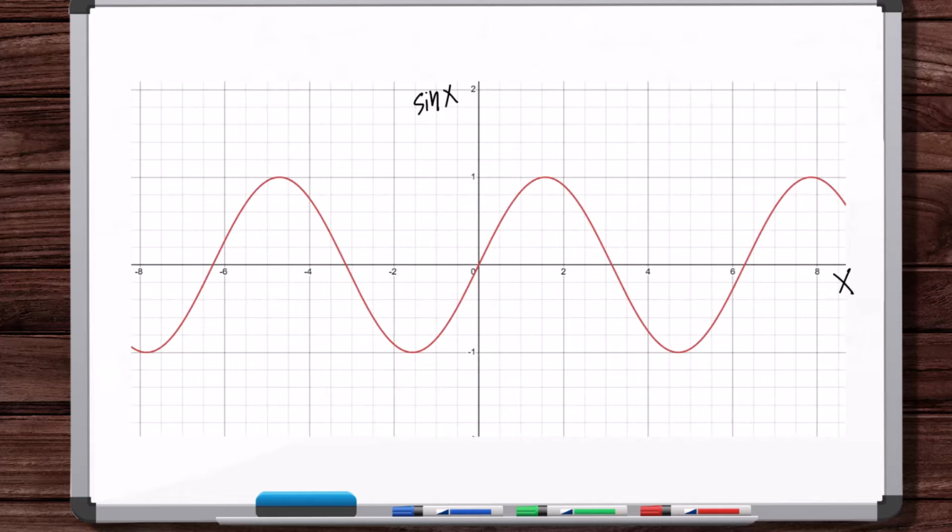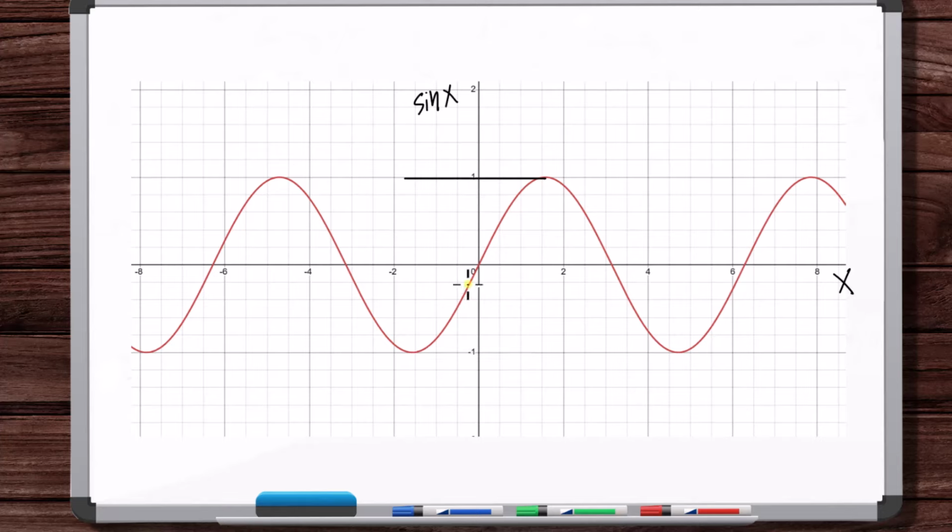So here's sine x. If I stretched or shrunk about the y-axis, and that's all I did, what's going to be affected is what's called the amplitude of this sinusoid. The amplitude is, you take the entire range, which goes from -1 to 1, and you divide it by 2.